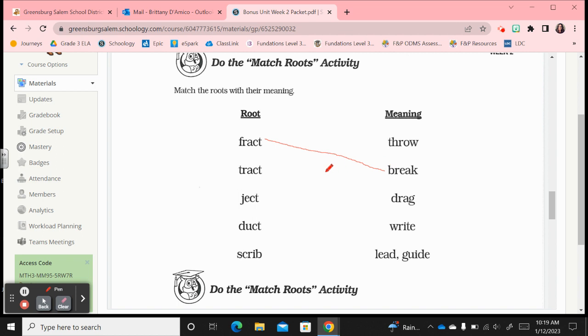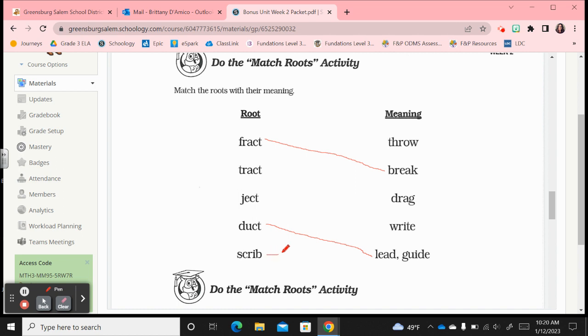The other one that I know very well from the last page is duct, conduct a band. That means you lead or guide it. I always think about one word with that root to help me remember the meaning of it. Scrib, little kids are very good at scribbling.